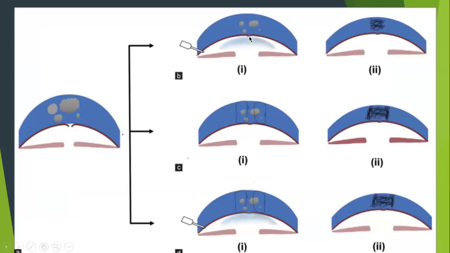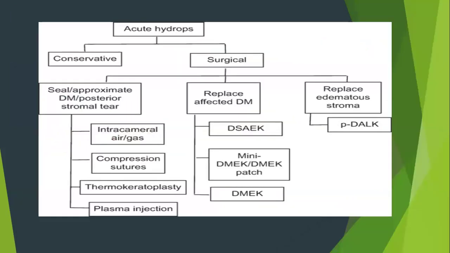Now, what they do first, they inject a gas bubble so that you're providing protection and don't touch the lens and iris accidentally. Then they pass sutures vertically like this, full thickness, and you repair the Descemet's membrane, because it may not always be possible to reoppose the tear with gas, so you can do compression sutures.